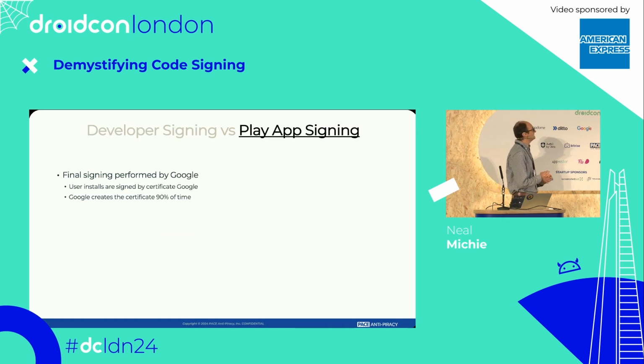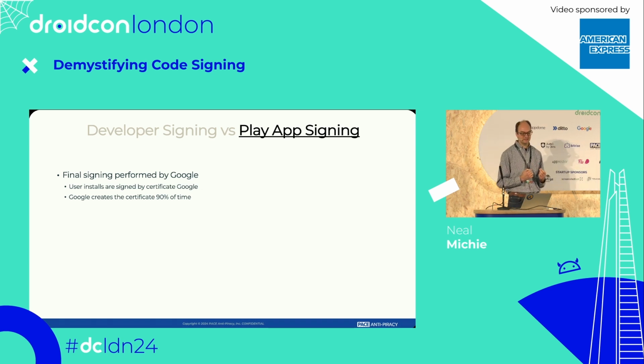Play app signing is slightly more complicated because Google re-signs the app before it's downloaded to the end user. And remember we saw how easy it was to re-sign the APK. Doesn't matter if it's been signed before or not. Anyone can re-sign it. So what the user gets isn't signed by your certificate.